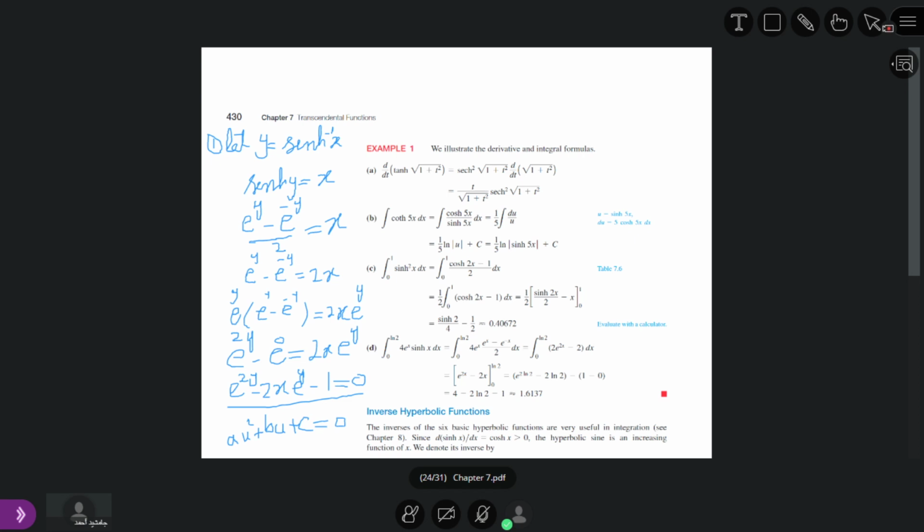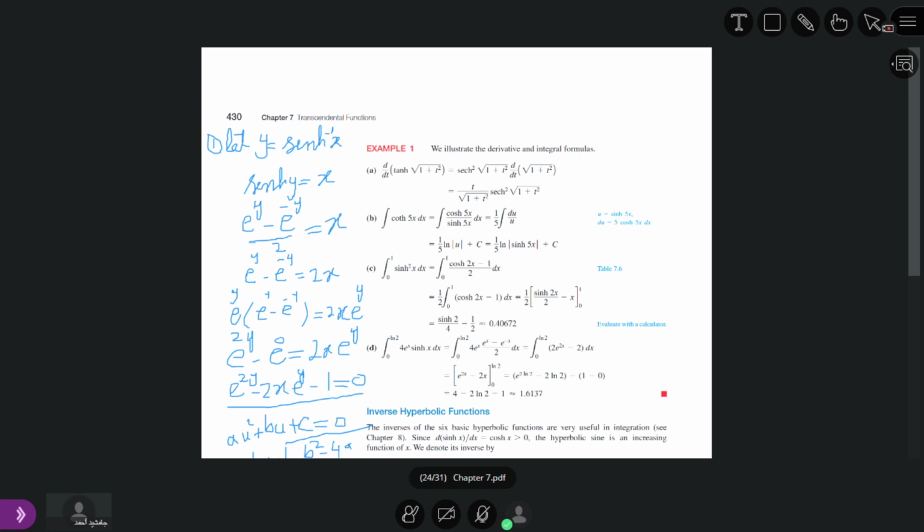We have the quadratic formula. u is equal to minus b plus minus square root of b square minus 4ac, divided by 2a. It means we will put all these values here.